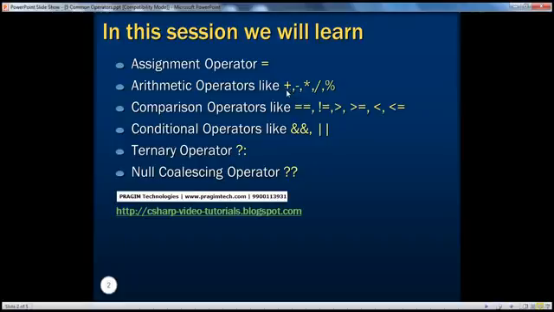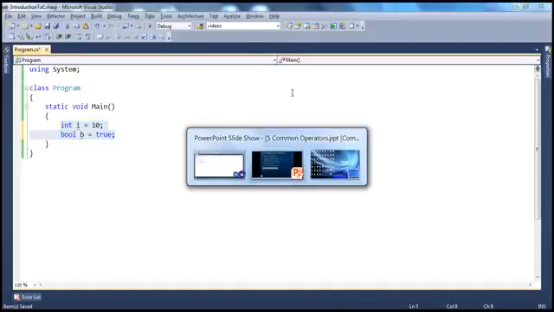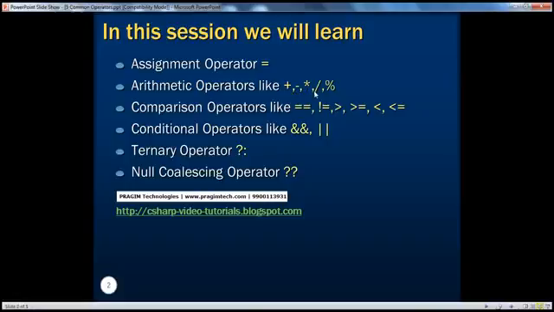Whereas we have several arithmetic operators like plus, minus, into, and as the name suggests, they do the respective operation. For example, if you want to add two numbers, you use the plus sign, and similarly for subtraction, you can use minus, etc. Then there are these two operators. When you divide two numbers, you get two results: one is the quotient and the other one is the remainder.